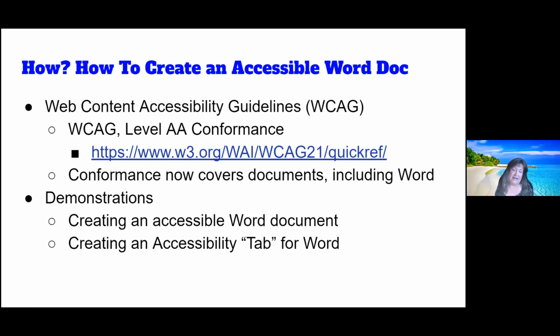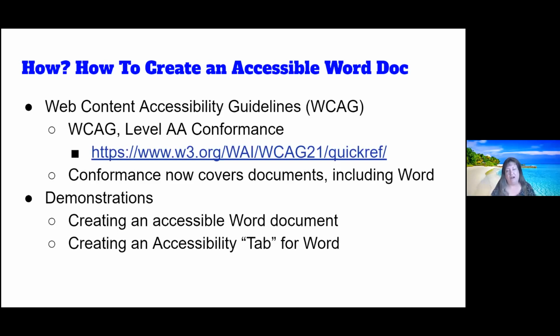And it's https://www.w3.org/WAI/WCAG21/quickref/. That will give you an overview of the levels of conformance for A, AA, and AAA.